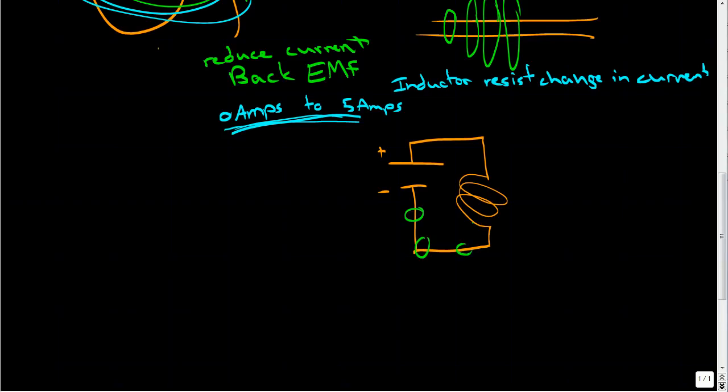And here you can see this is sort of what an inductor looks like, is that these magnetic field lines are all going to be crisscrossing each other. And so when we apply current, these magnetic field lines are going to be increasing.